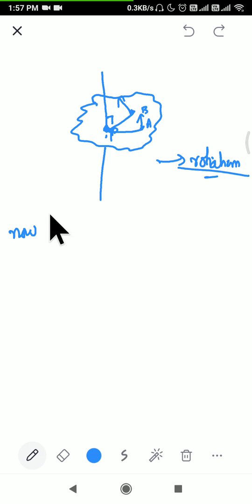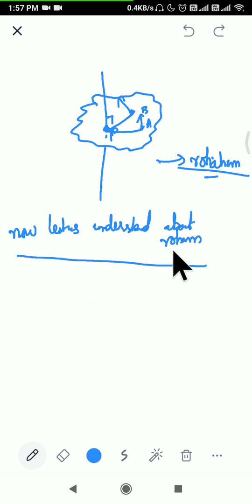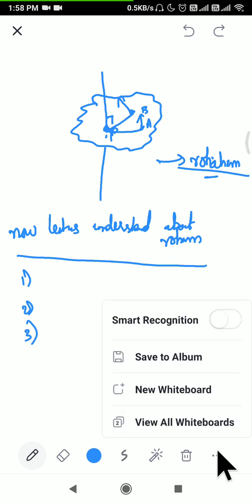Now let us understand rotation. To understand rotation, we need to understand a few things: one, two, and three. In linear motion, what are the things we have considered?